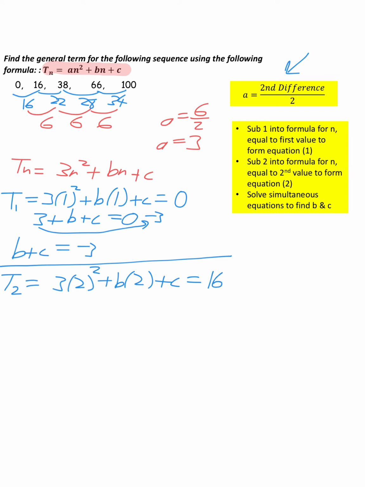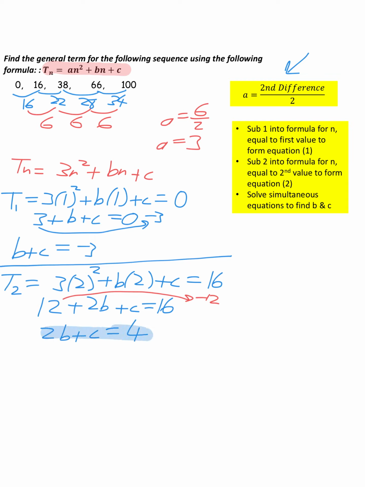Okay, so working this out now. 2 squared is 4. 4 times 3 then, that's going to be 12. b times 2 would be 2b plus c equals 16. Bring the 12 to the other side, so that'll be minus 12. So then we have 2b plus c equals 16 minus 12, so that'll be 4.